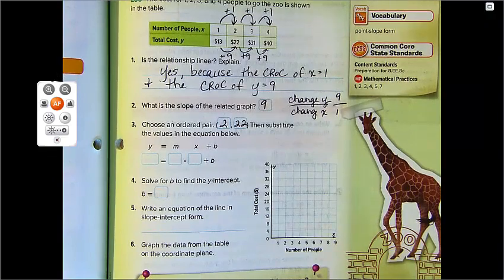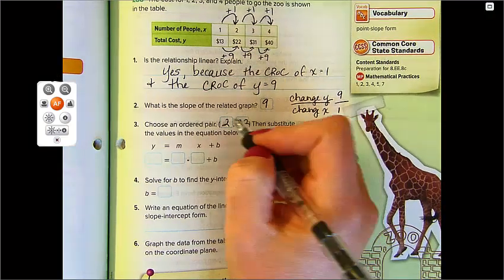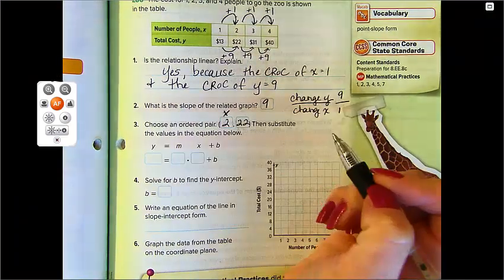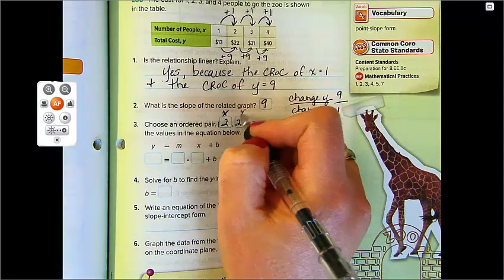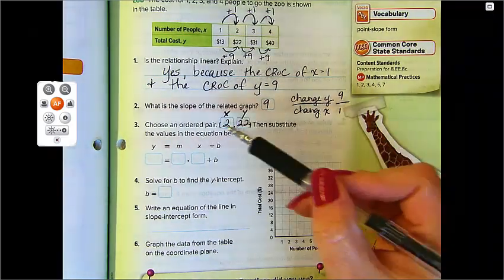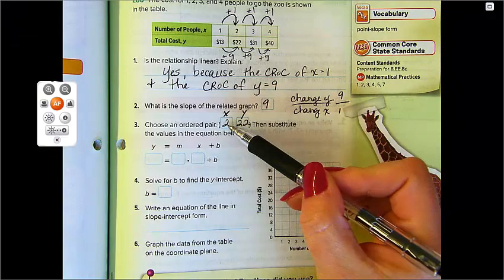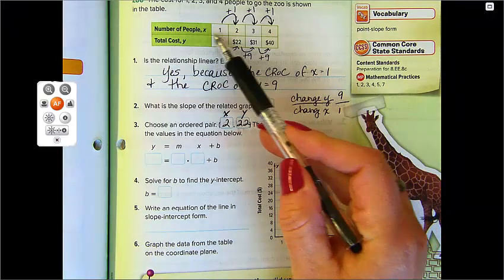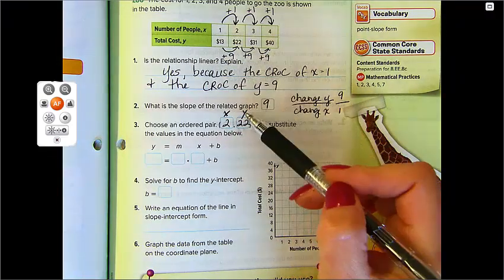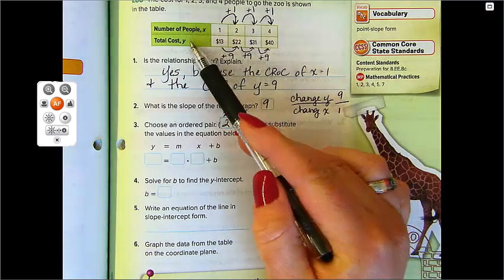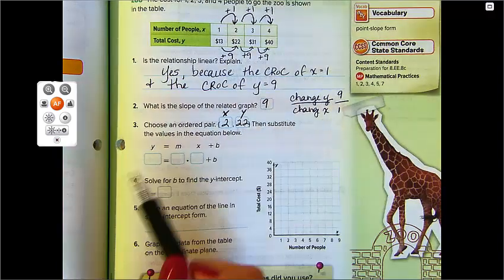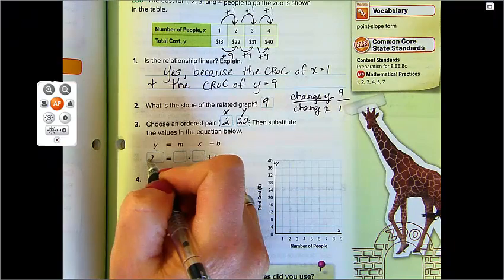Now it says fill in the equation below. Hopefully you know that your x comes first in your ordered pair and your y comes second. As you can see up here, my x value was 2, and my y value is 22. So I know my y is 22.